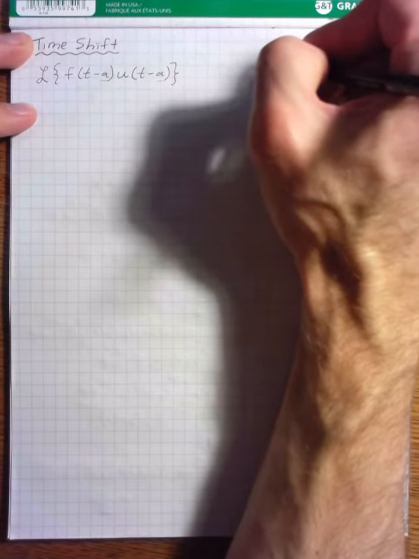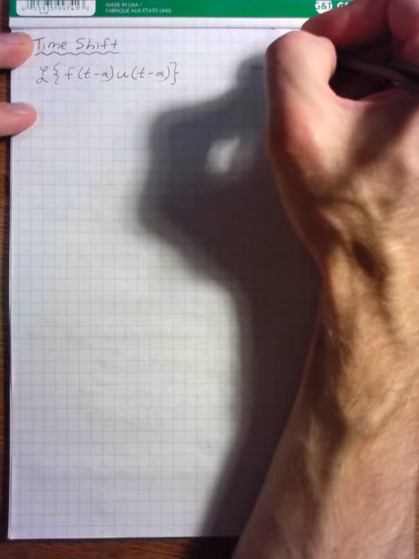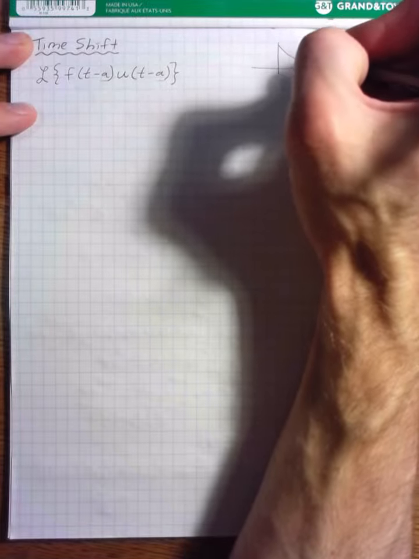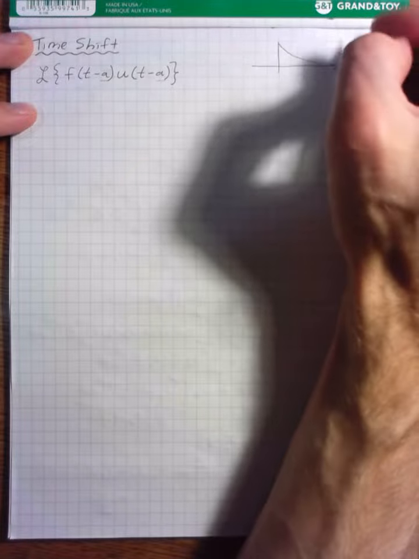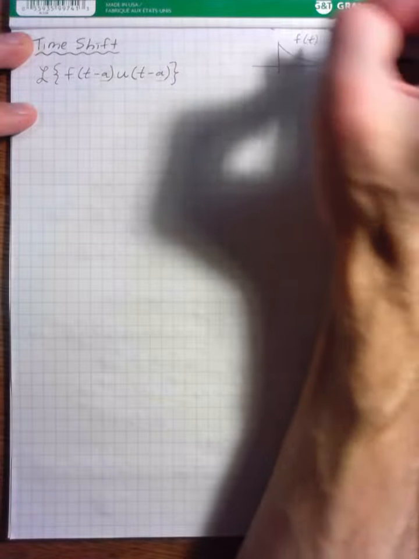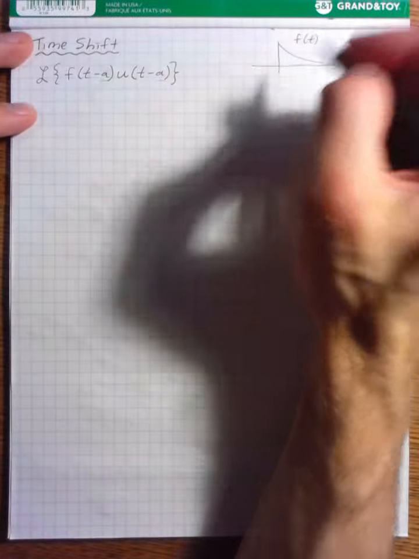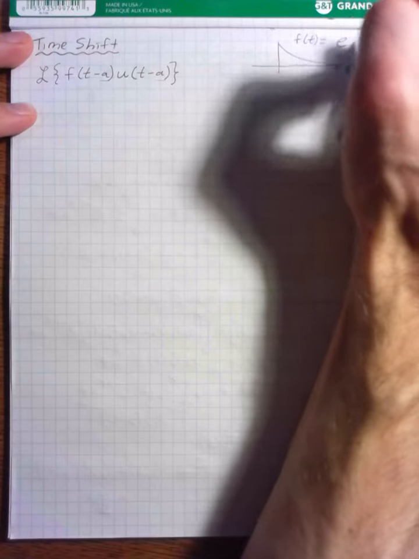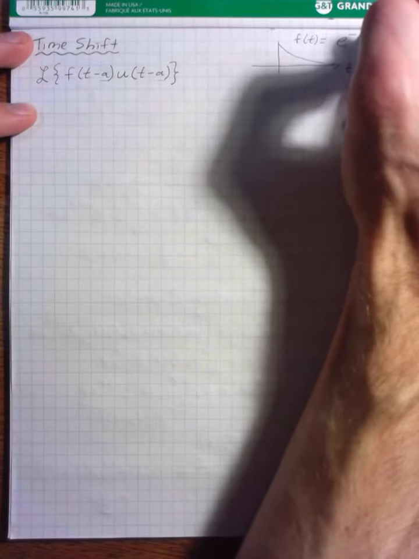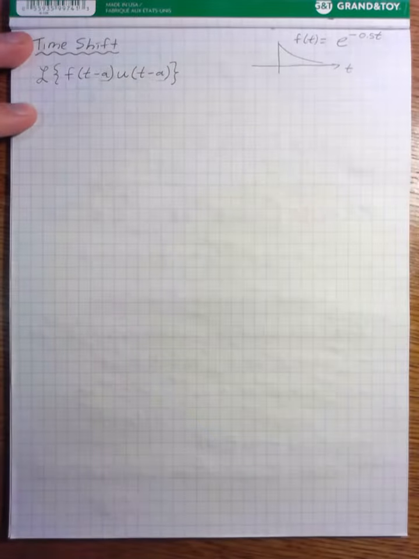So basically, let's say we had some signal defined, let's say it's a decaying exponential maybe. This is f of t, e to the minus, I don't know, let's say 0.5 t.